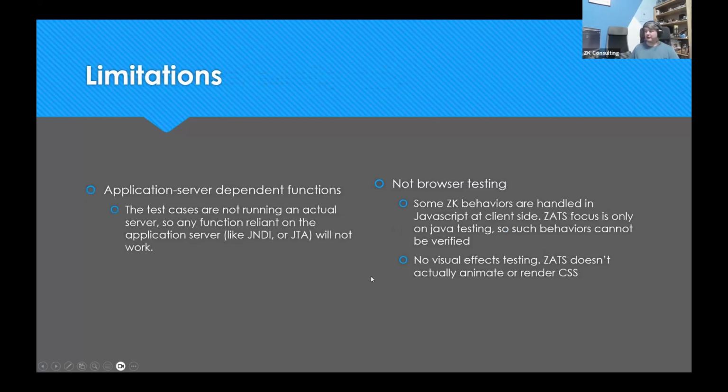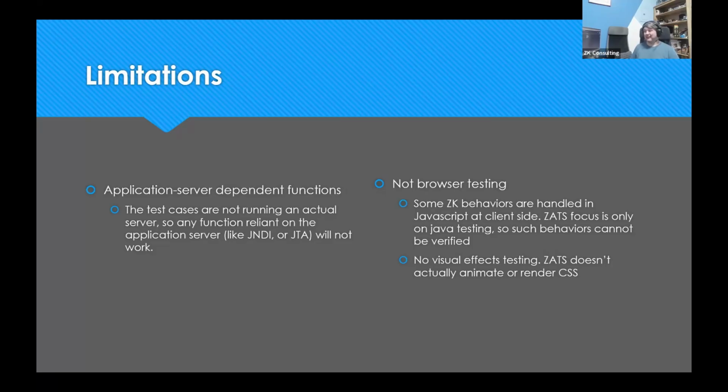All right, and let's talk a little bit about some limitations and the side topic of browser-side testing. Because we're not running a server, anything that is server context dependent is not going to work. If you're going to try and use JNDI, JTA, this kind of thing, well, you're going to have to run a server.